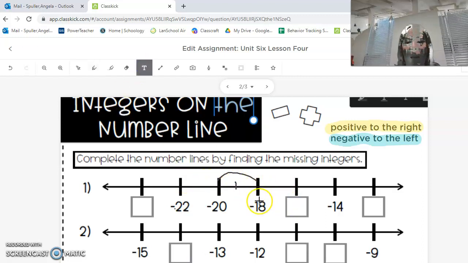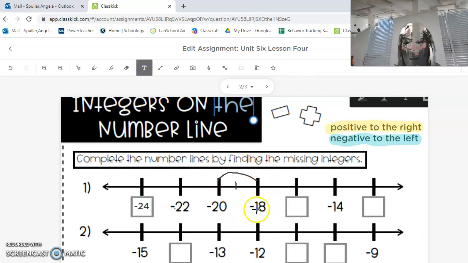Okay, so if I skip count 18, 20, 22, this would be negative 24 because we're in the negatives, right? So negative 18 is greater than negative 24 because negative 24 takes more out of my account, gives me less. Negative 18 takes some out, but not as much as negative 24. So I'll have more money.